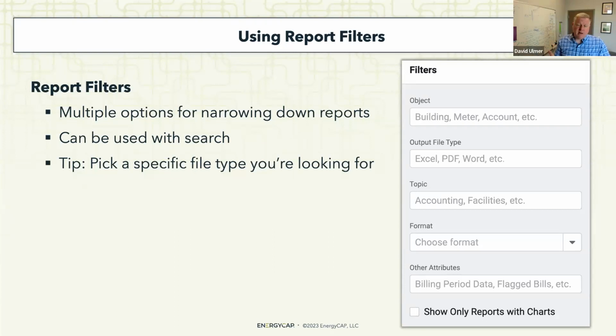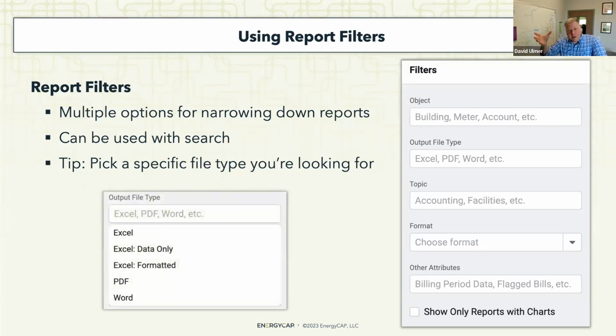One tip that I would recommend is if you already know in advance that the type of report you're looking for is a PDF, or it's an Excel, or it's an Excel data only, just select that as an option here. When you do, you'll be able to filter the list to only the reports that appear in that particular format.